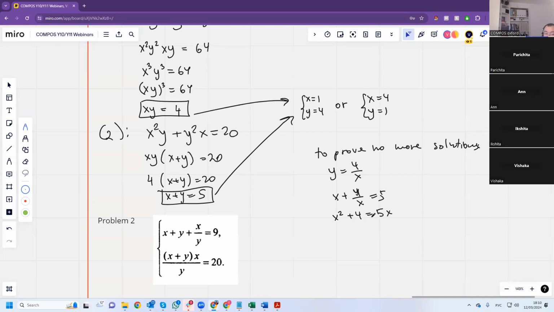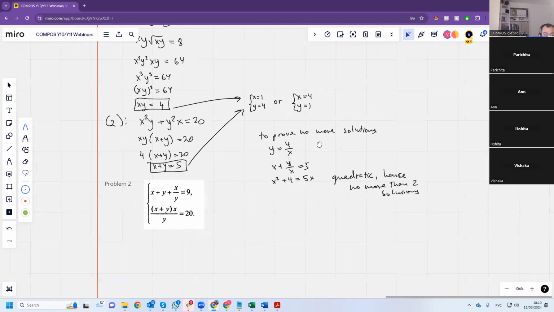This is a quadratic equation, and a quadratic equation can only have up to 2 solutions, hence no more than 2 solutions. And we found them. We found both of them, right?